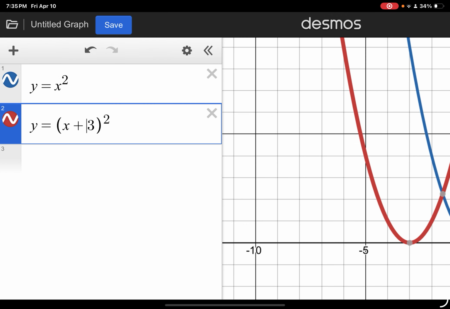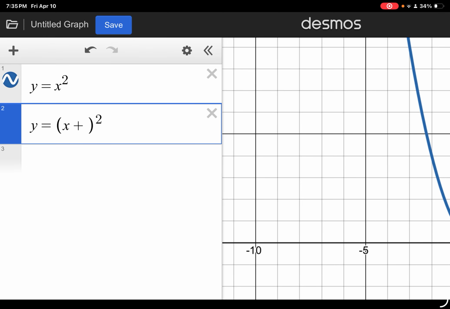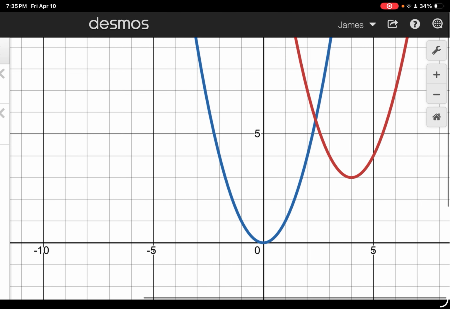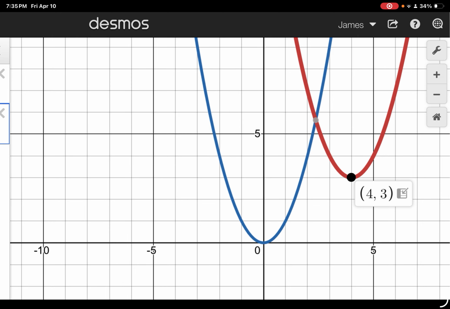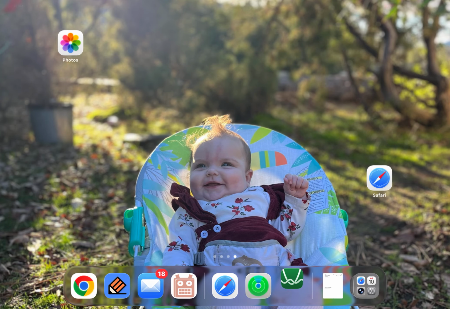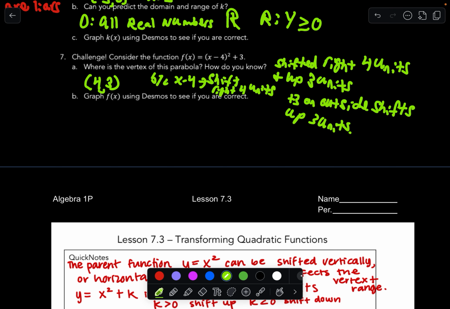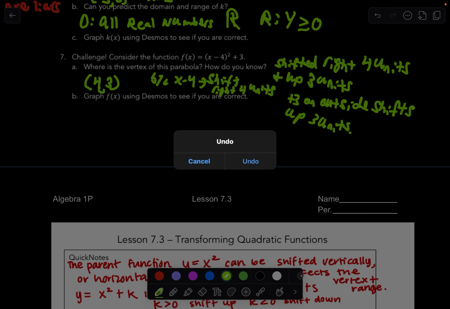So it was x minus 4, and then plus 3. And there's the graph. All right, notice the vertex is at 4, 3. So we were correct.